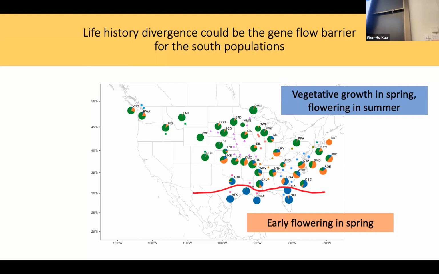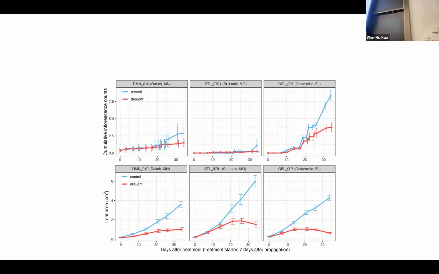I think the question is, is the flowering time differentiation continuous, or maybe discrete? So far, I don't know. We have sampled 3 populations. The left panel is populations from Minnesota, St. Louis Missouri, and Gainesville Florida.